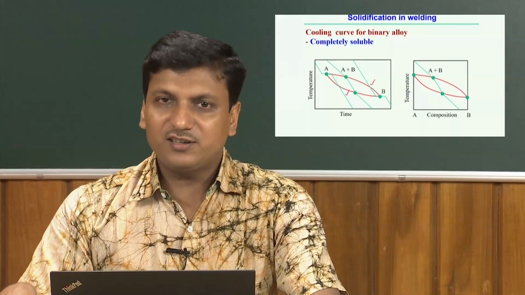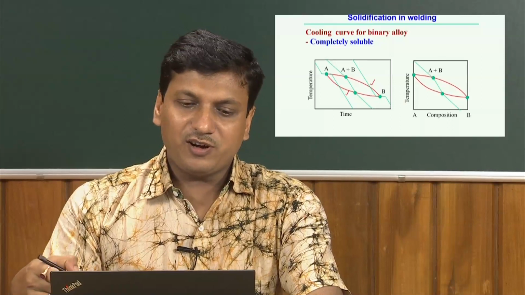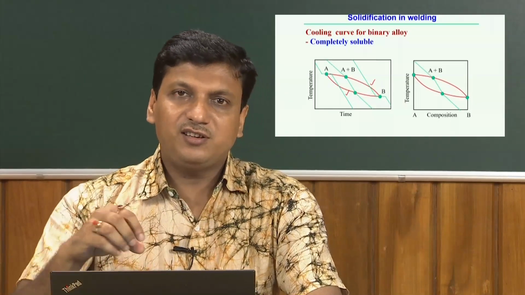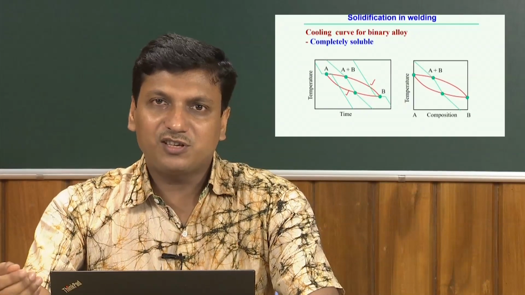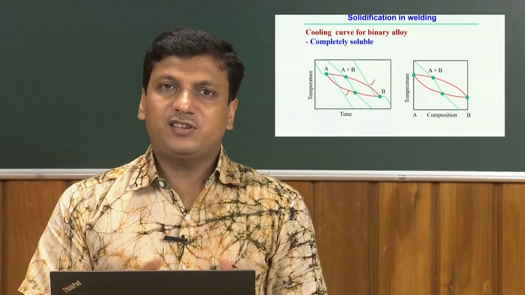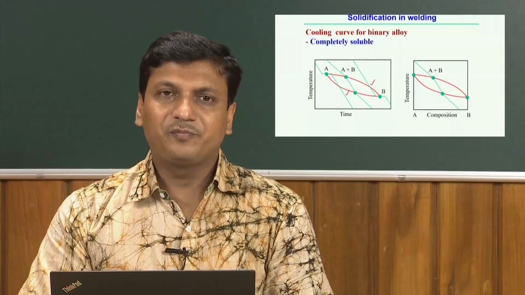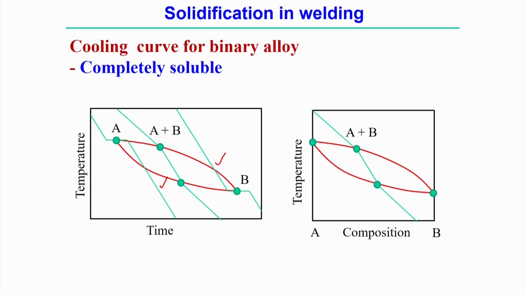On this pure metal it follows the simple cooling curve: at 100% composition of the single component, the phase change happens at one constant temperature, and afterwards it cools to the ambient temperature. Similarly, at point B it is also a pure metal, but a different metal.